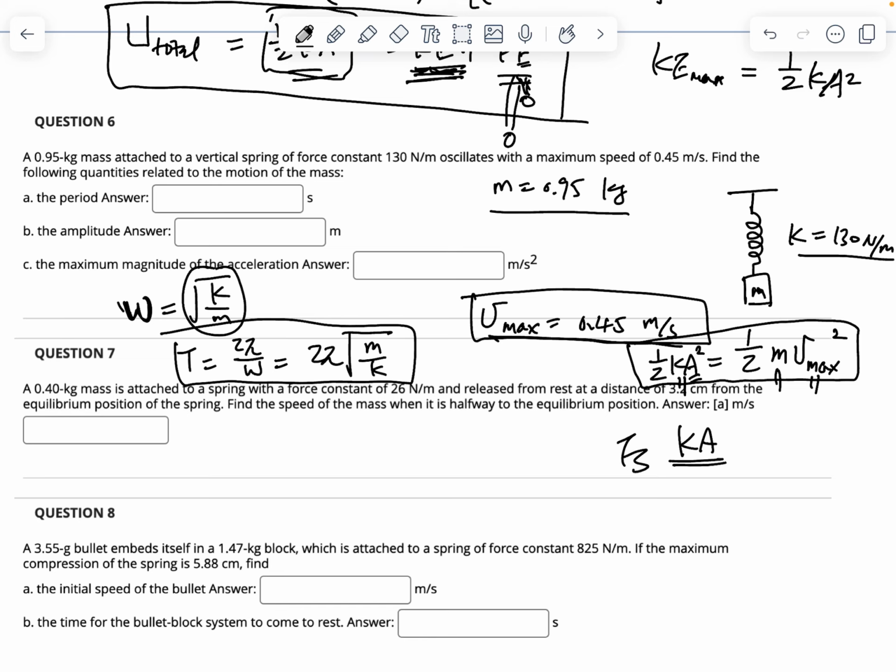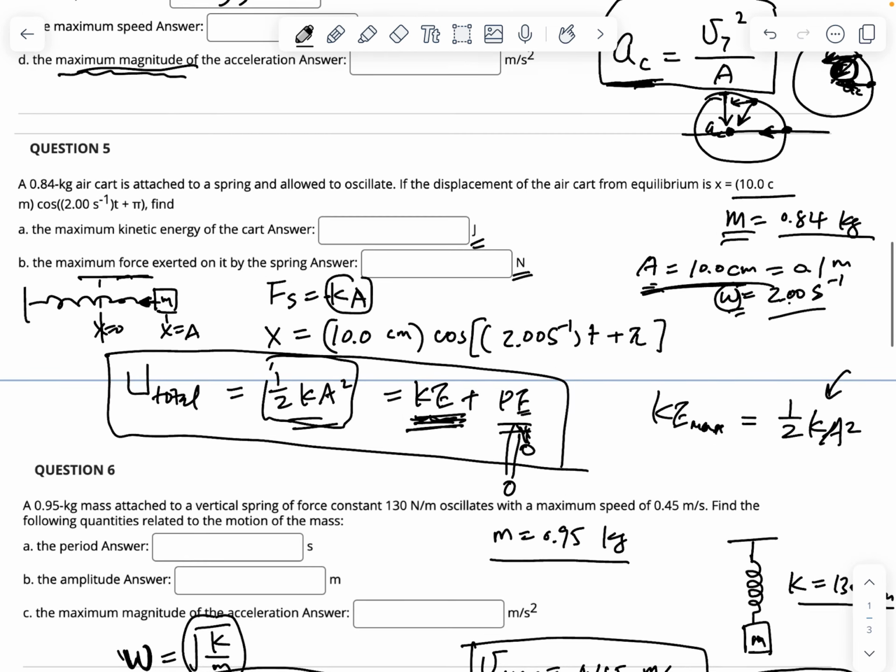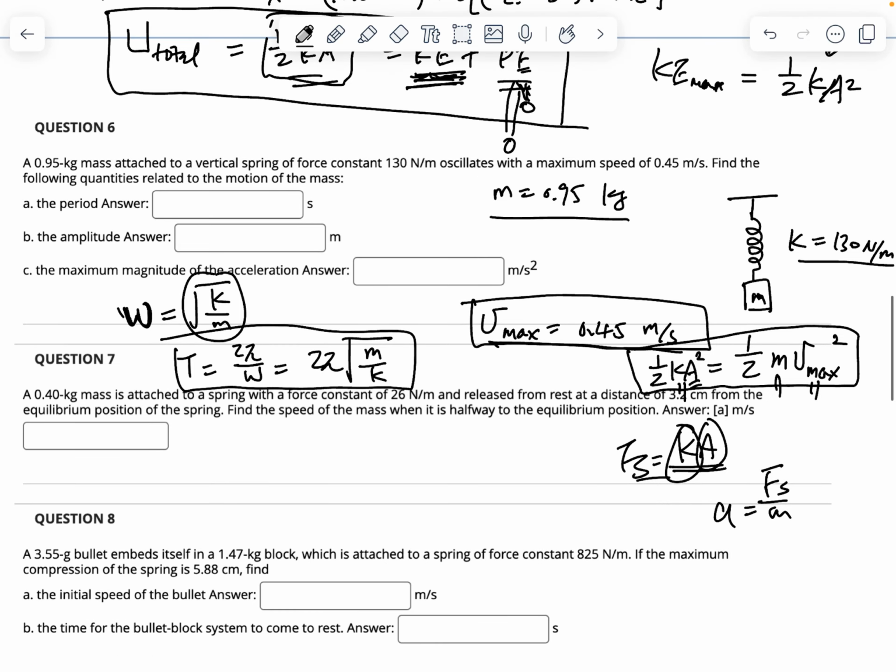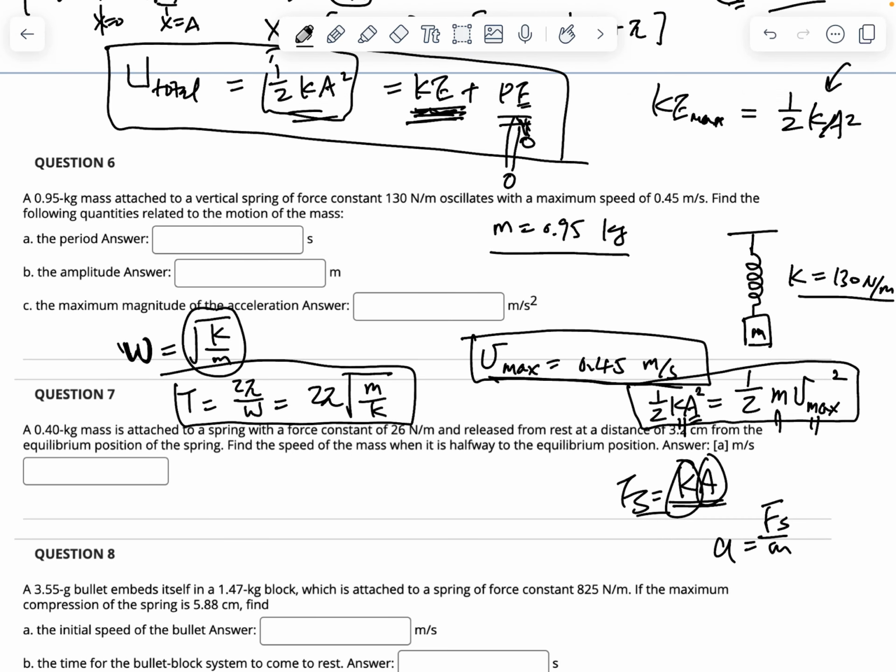The spring force equals K A. You have K and you know the amplitude, so that is the maximum force. Acceleration equals force over mass, so the maximum acceleration equals K A over m.